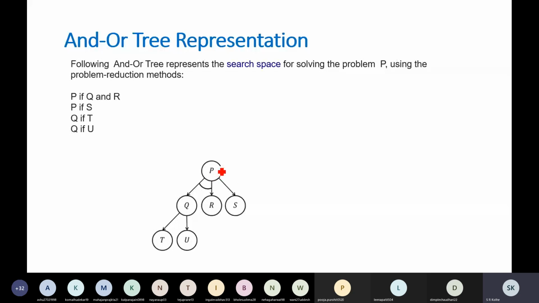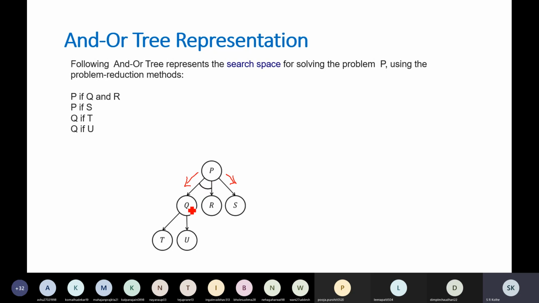For example, here P is the goal that you will have to achieve, or in our usual terms the starting state, or P is a problem that you have to solve. To solve this problem P, you can go through this path or this path. There are two ways right now here.